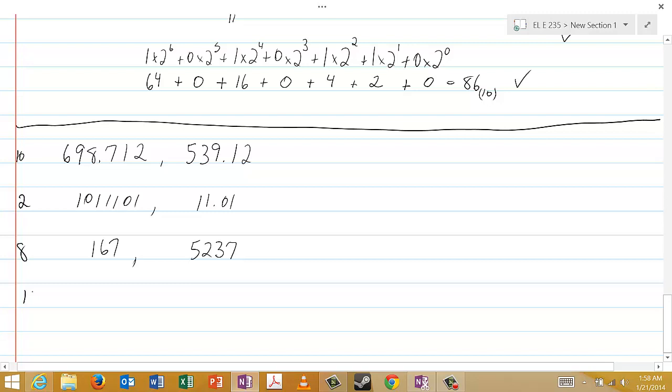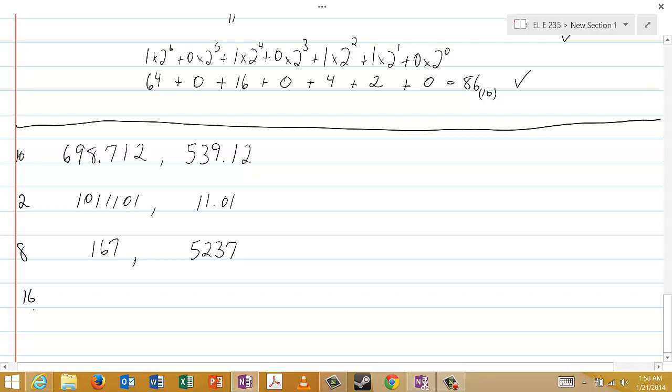What about when we have base 16? Now, the reason that this is sort of interesting is that if we're going to have digits for every number up to the base minus 1, then that means we must have digits for every number up to 15. However, we don't know of a single digit that represents 15.